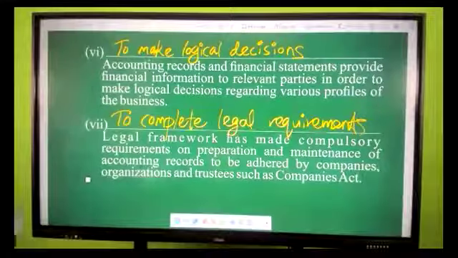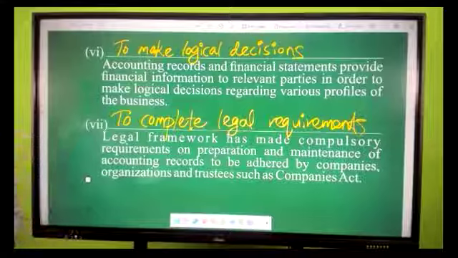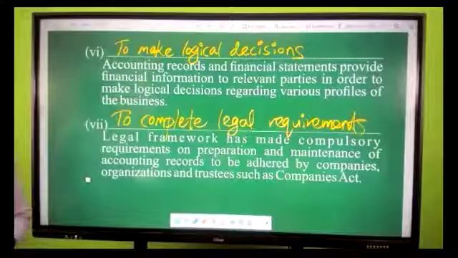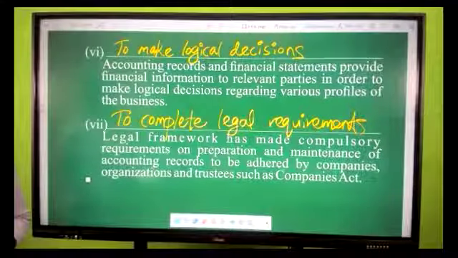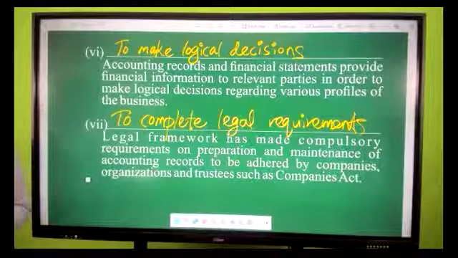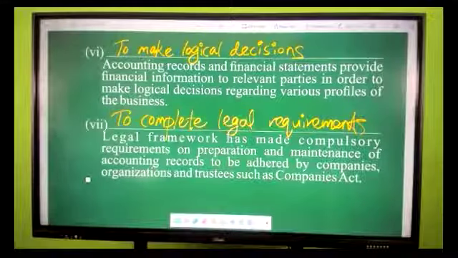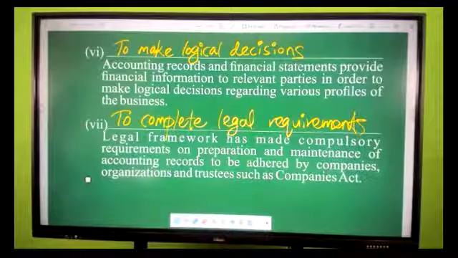Okay, the legal framework has made it a compulsory requirement on the preparation and maintenance of accounting records to be adhered to by companies, organizations, and trustees, such as under the Companies Act.